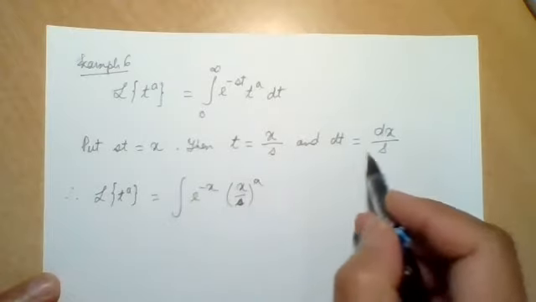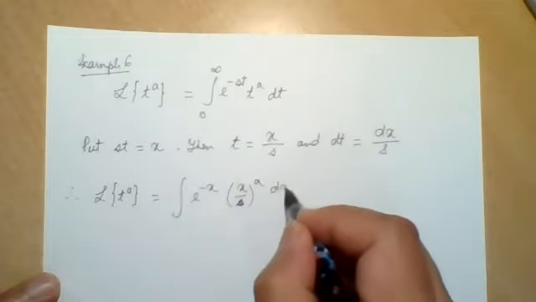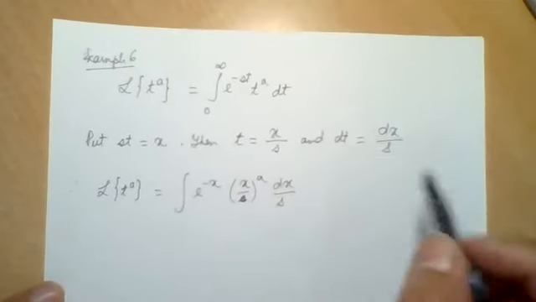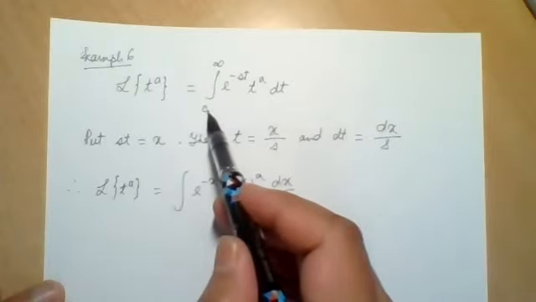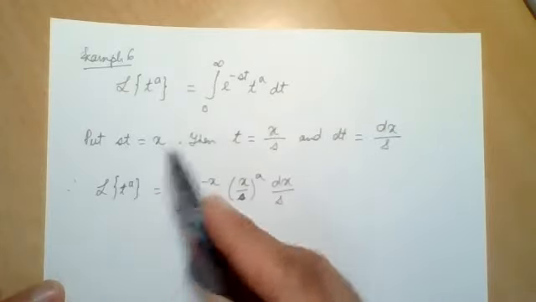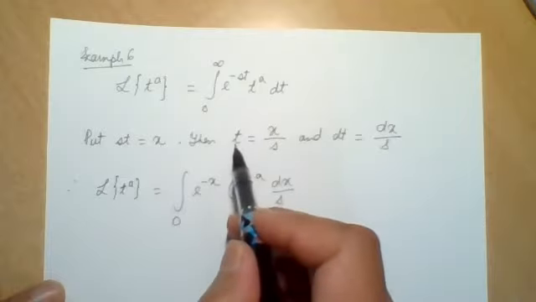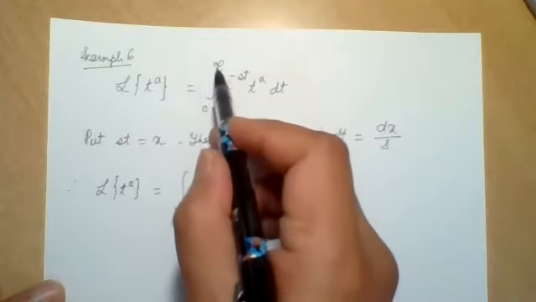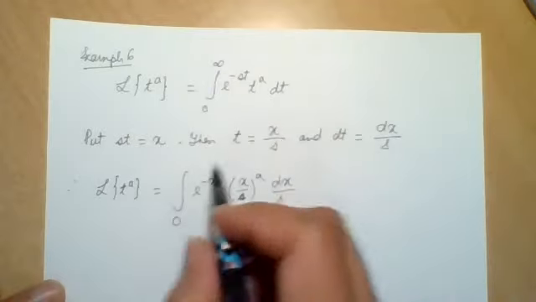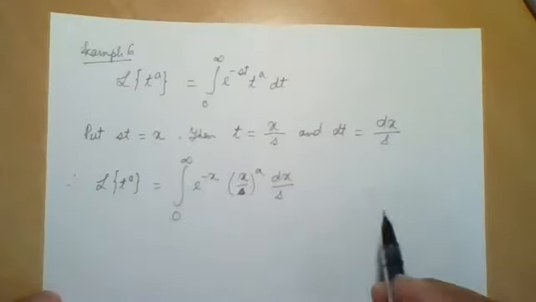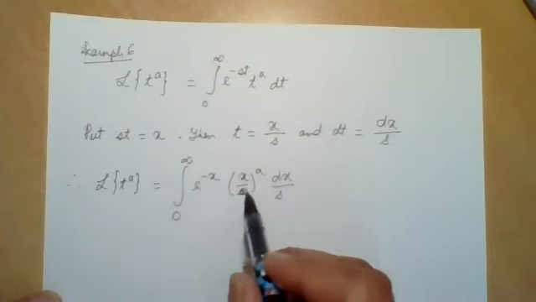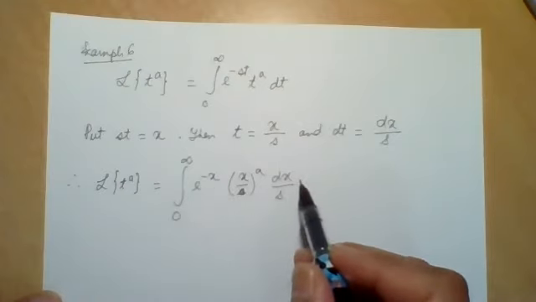And what is dt? dt is dx by s. And what are the limits? When t is equal to 0, x will also be 0. When t is equal to infinity, x will also be infinity. So here the integration is with respect to the variable x.